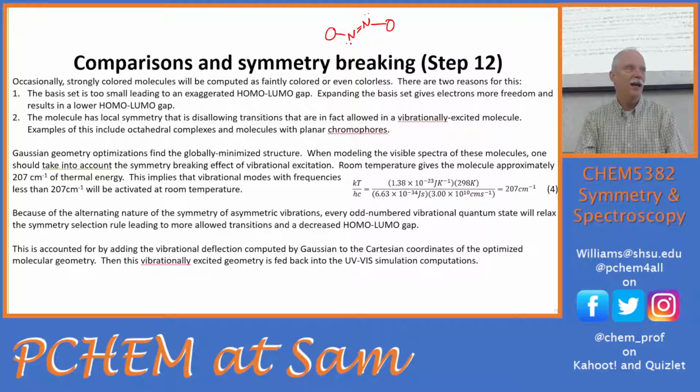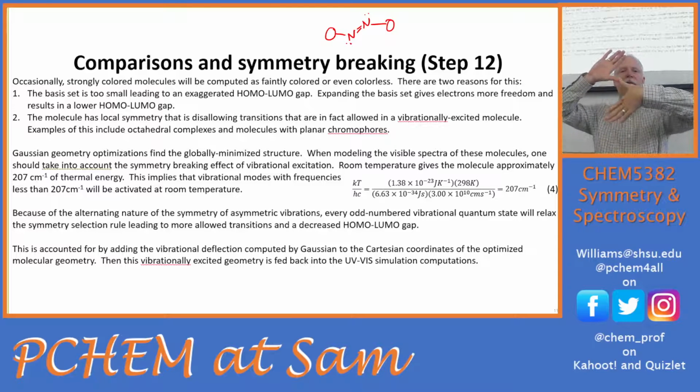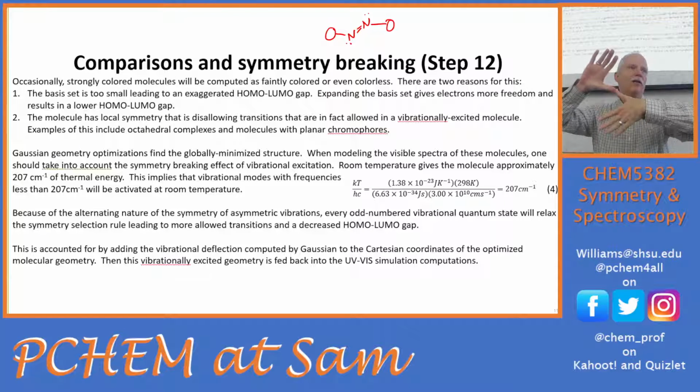Then I got to thinking, how can it be colorless if it's one of the strongest chromophores that we know of, this azo chromophore? And I got to think, well, maybe it has to do with thermal population of vibrational levels. So think about that mass. These 2 benzene rings are oscillating around that pi bond. That's a dihedral angle.